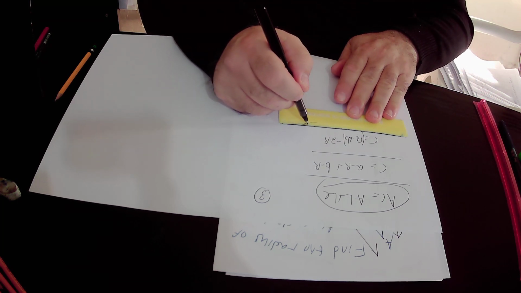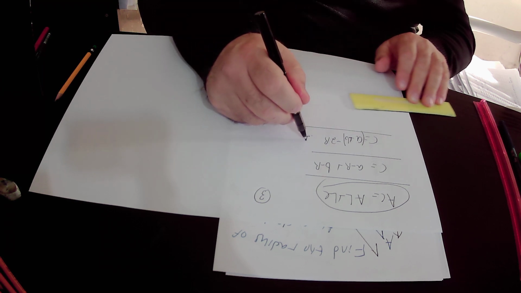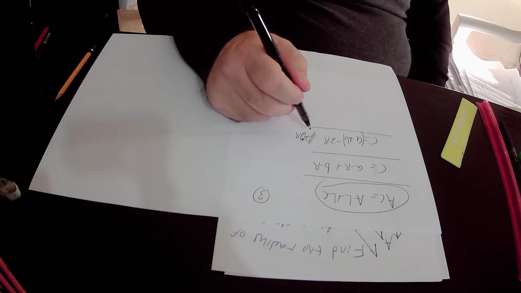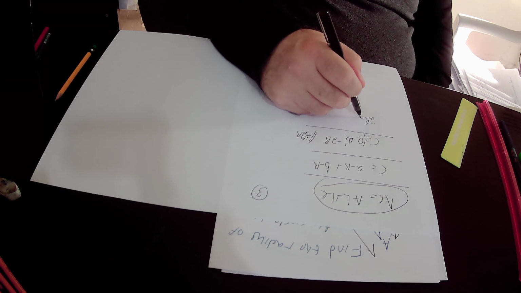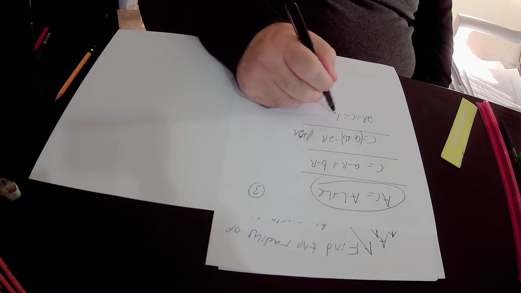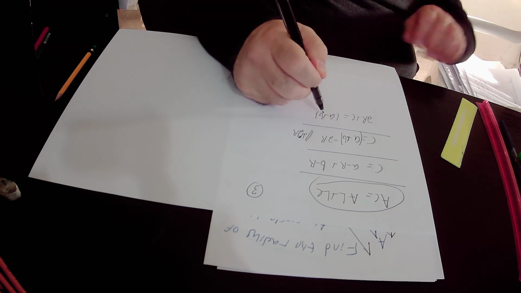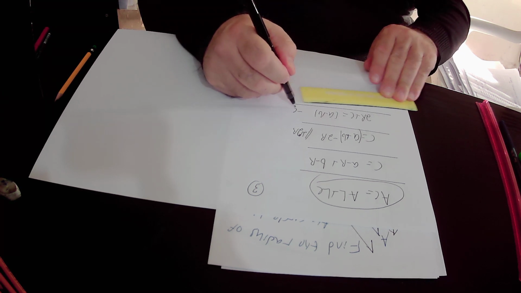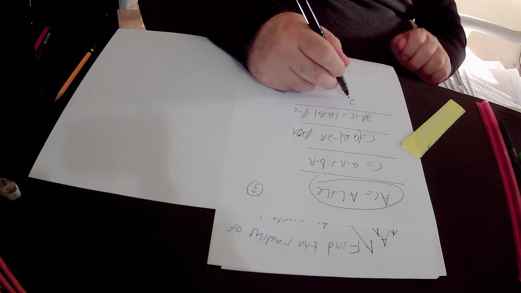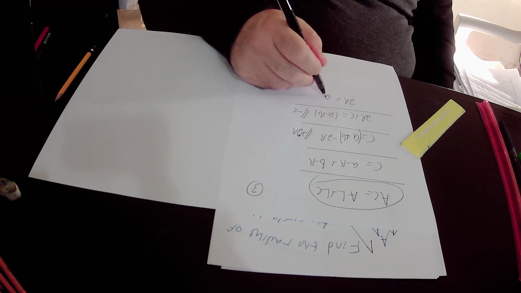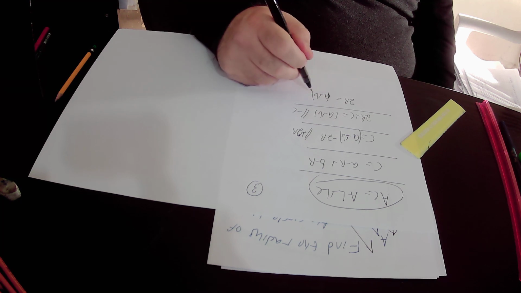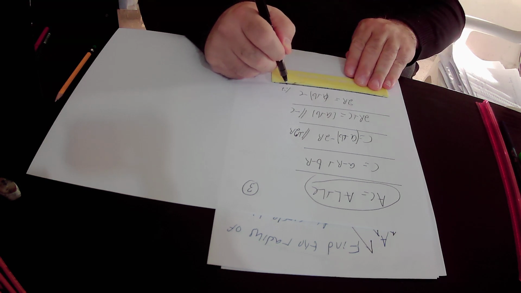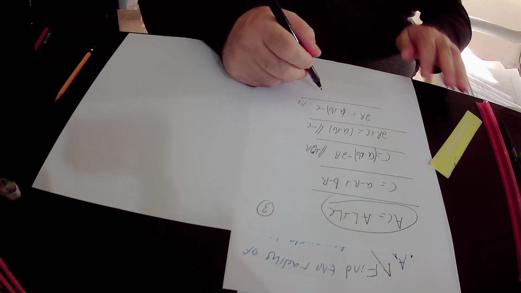Here we'll add 2R to this equation and we'll get that 2R plus C equals A plus B. Here we'll subtract C from this equation and we'll get that 2R equals A plus B minus C. So here we'll divide this equation by 2 and finally we get the radius that we are looking for.